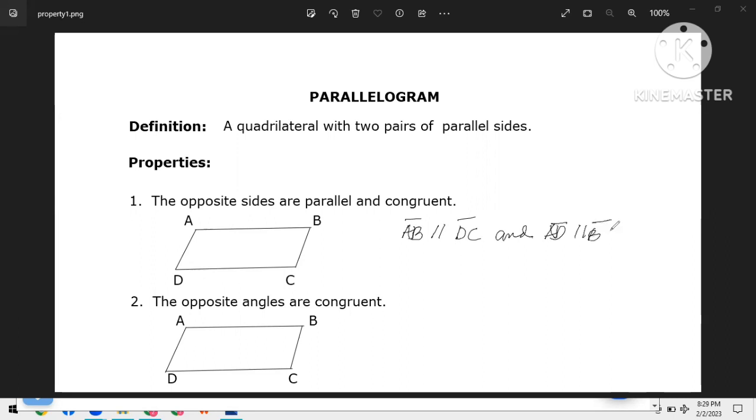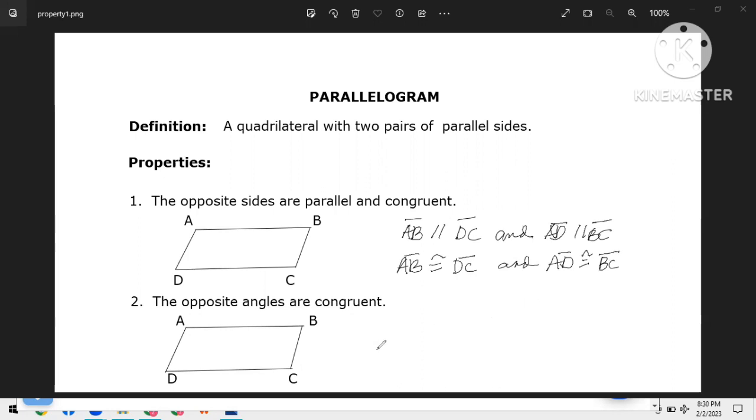Opposite sides are parallel. Now, these sides are also congruent. So, AB is congruent to side DC and side AD is also congruent to side BC. Okay, so that's the first property.